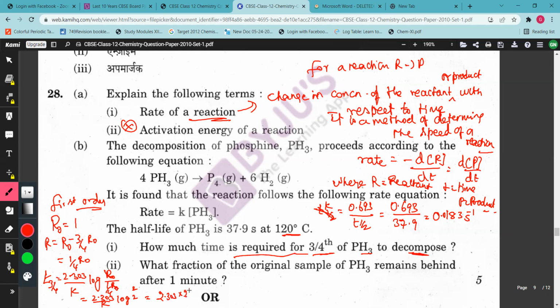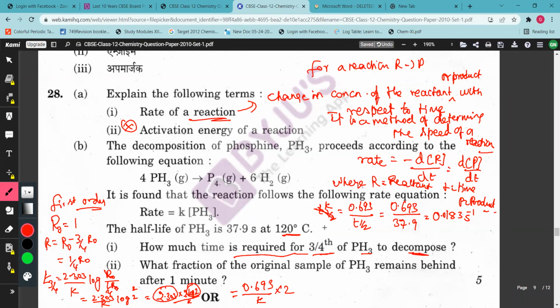So 2.303 into 2 log 2 by K. And 2.303 into log 2 is 0.693, isn't it? So this can be simplified as 0.693 by K into 2.